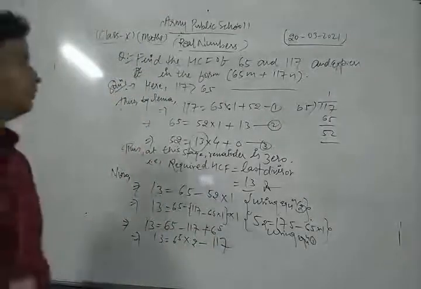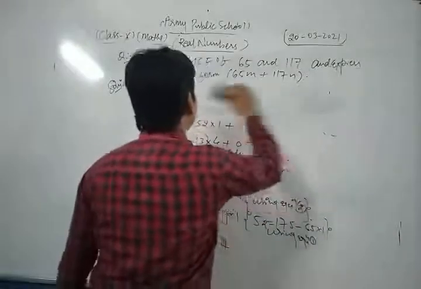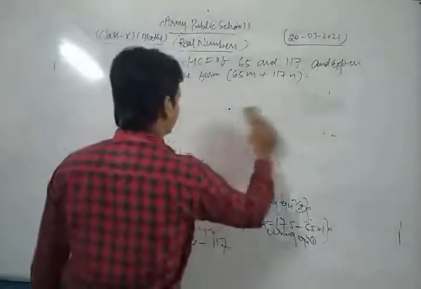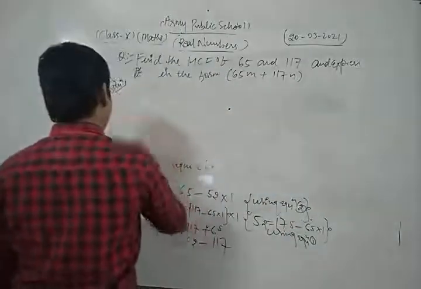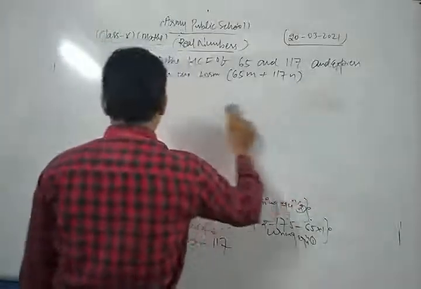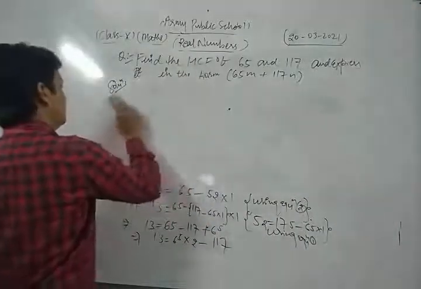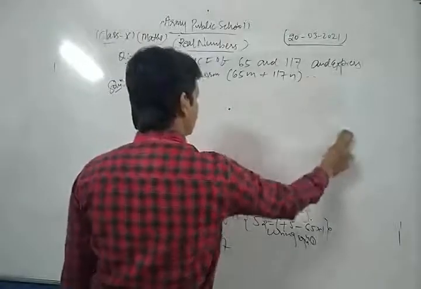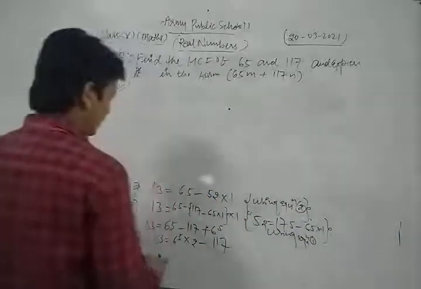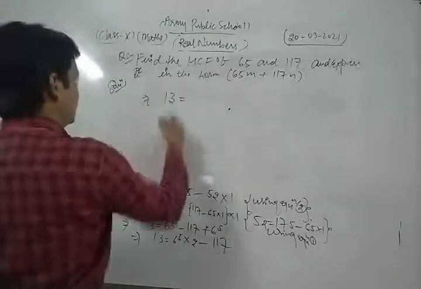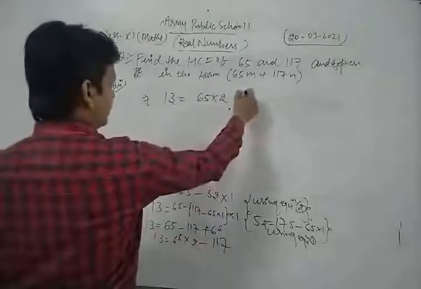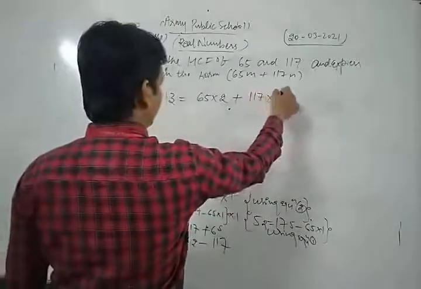So we can write 13 is equal to 65 into 2 plus 117 into minus 1.